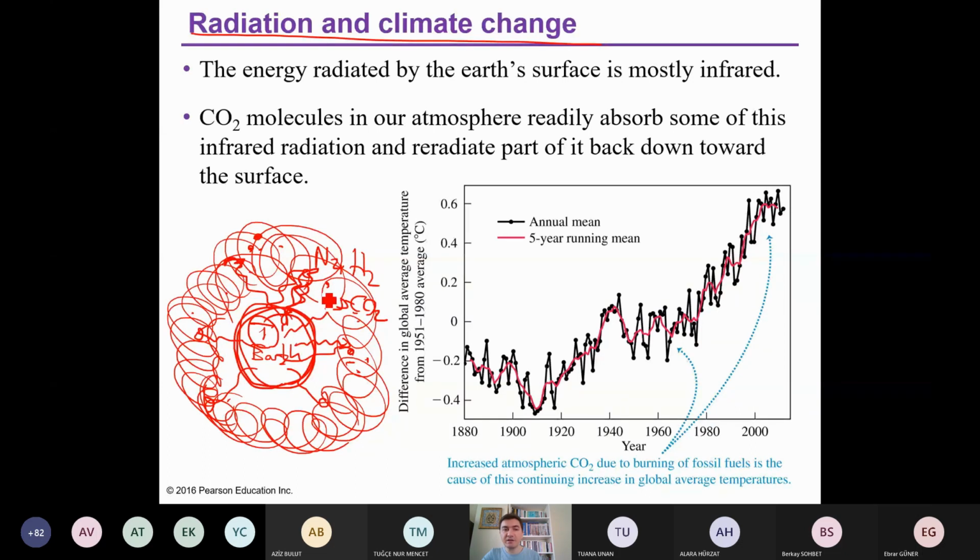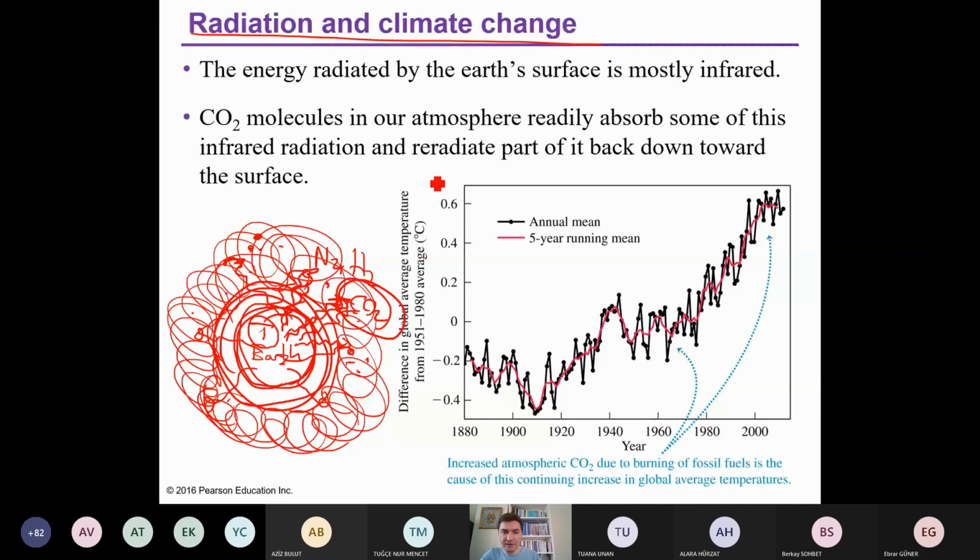But if you increase the dust particles, if you increase the amount of carbon dioxide in the atmosphere, this radiation will be reflected more compared to the previous case. Then the Earth will be hotter, so the overall temperature of the Earth will increase. This will result in global warming and is dangerous for life on Earth.